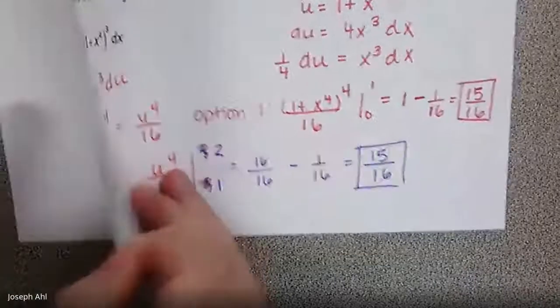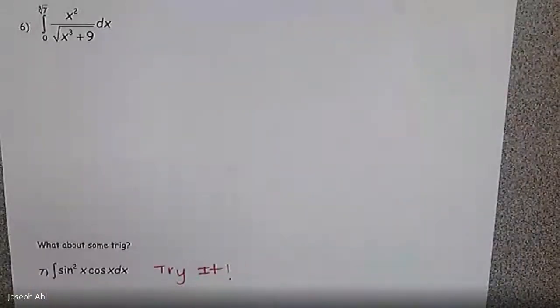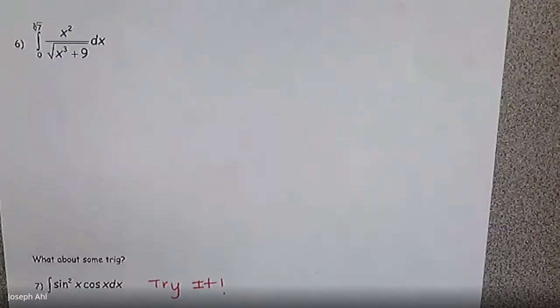Okay, let's do one more practice together with a definite integral here. So we have the definite integral from 0 to the cube root of 7 of x squared over the square root of x cubed plus 9 dx.